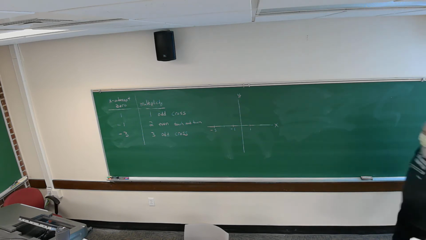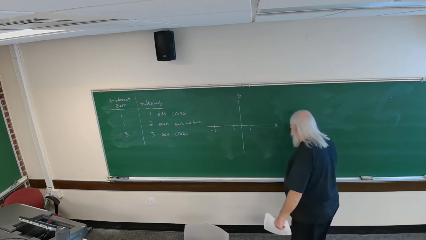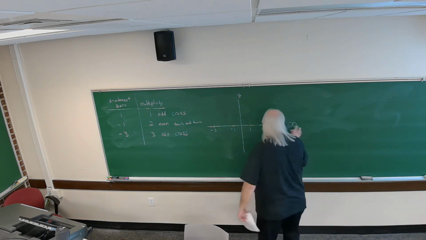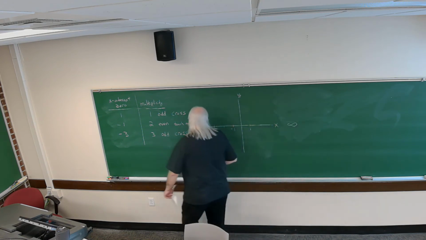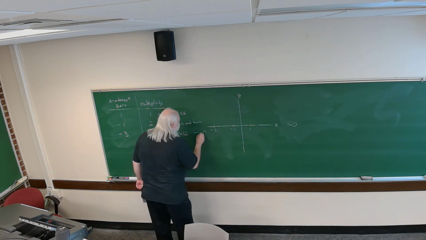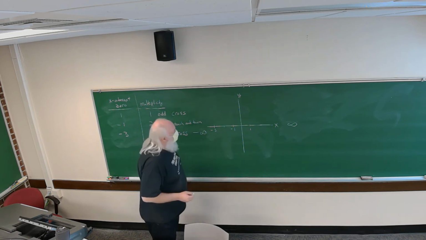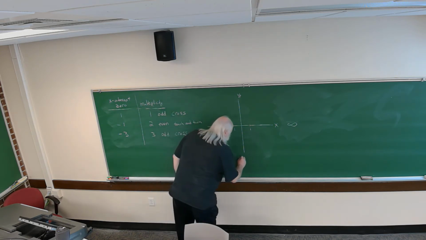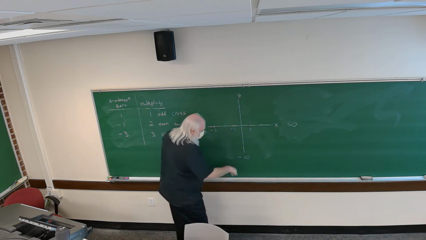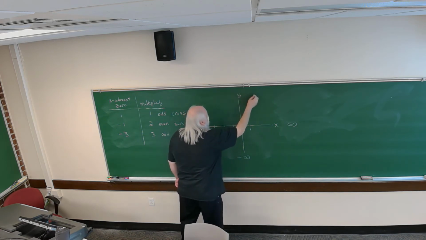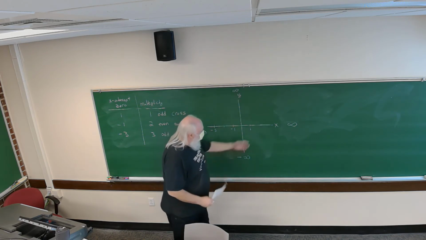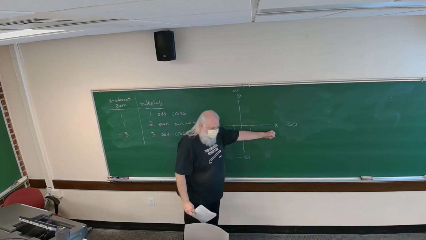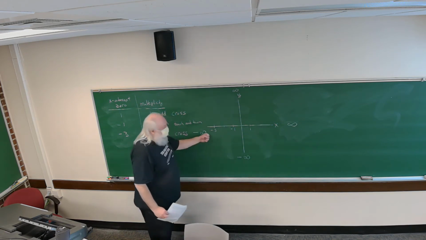So remember, on the x-axis, plus infinity is way out here on the right end, and minus infinity is way out here on the left end, right? And with the y-axis, minus infinity is down here at the bottom, and plus infinity is up here at the top, right? It all has to do with the positive numbers on the x-axis being on the right side, the negative numbers on the left side.